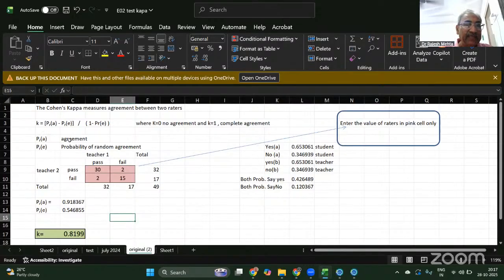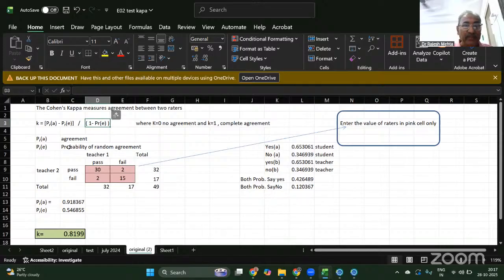Now the PA is the agreement score, and this PE is the probability of random agreement. So random agreement you are removing, and you are also removing it from the 1. 1 is 100%. And that ratio you are taking, PA agreement minus probability of random agreement. So you will get purely what is a pure agreement, right?